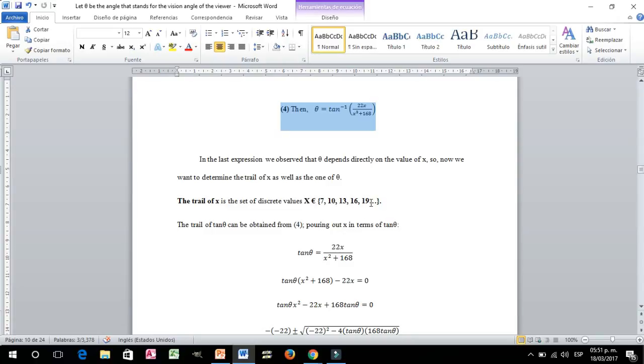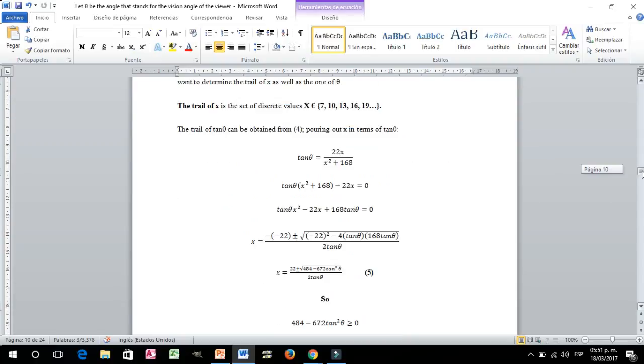This is because the distance between each row is 3 feet, so it keeps increasing by 3 feet each time. But then the trail of tangent of theta can be obtained from this equation over here, which is the last one that we mentioned, and we pour out the x terms of tangent of theta.